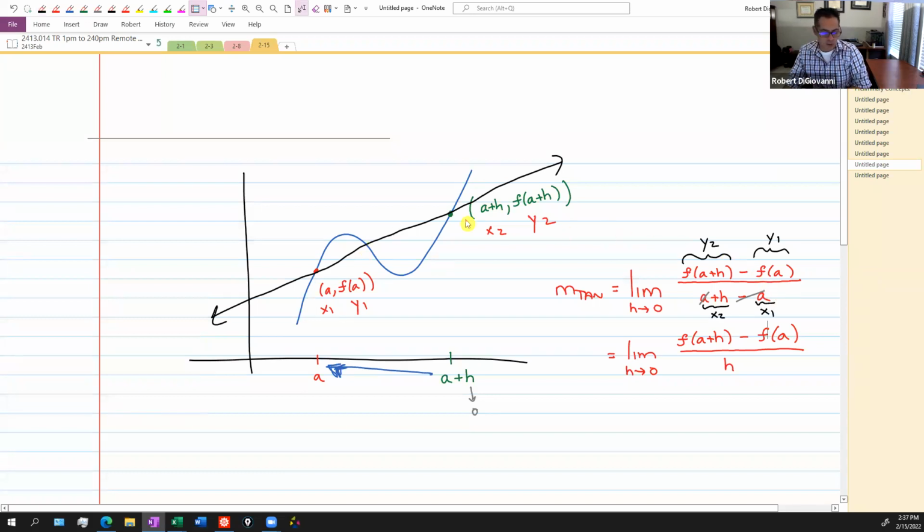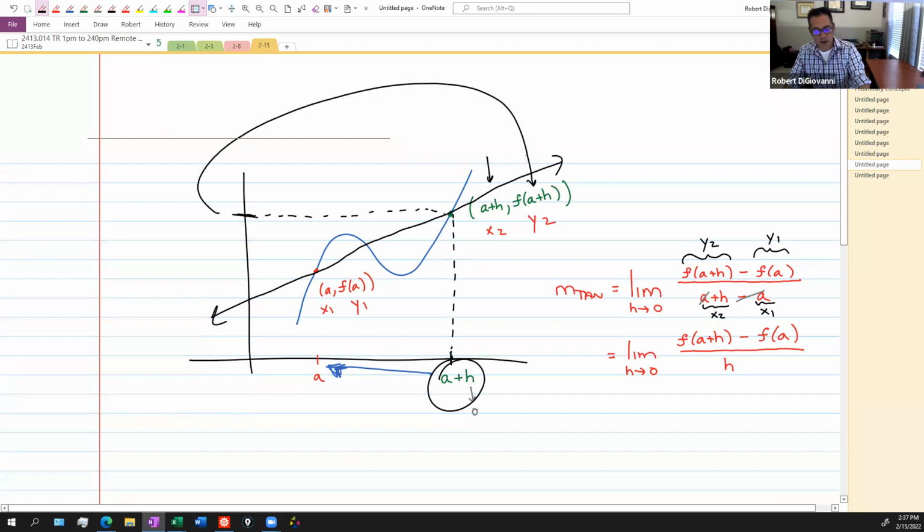And what I'm referring to is this graph right here. Remember, we plugged a plus h in. When you plug a plus h in, the x coordinate is a plus h, but the y coordinate, how high it is, is equal to what you get when you plug a plus h into the function. You have to plug a plus h into the function to figure out the y coordinate. Got it. Thank you. Yep.